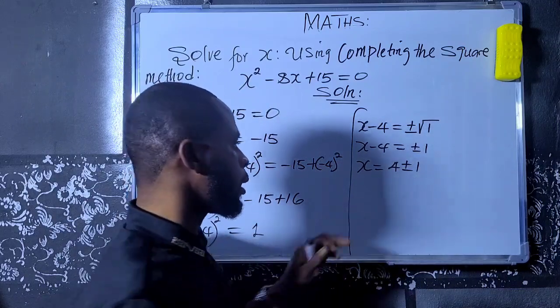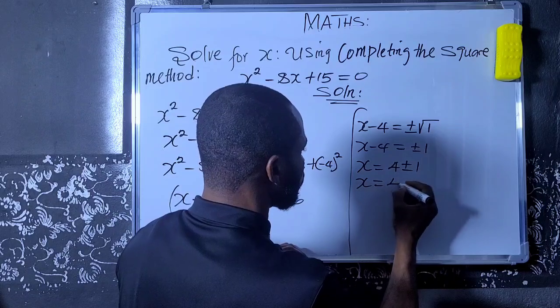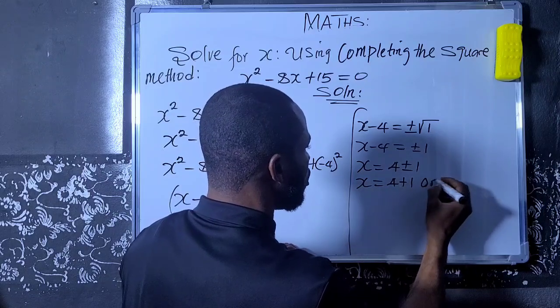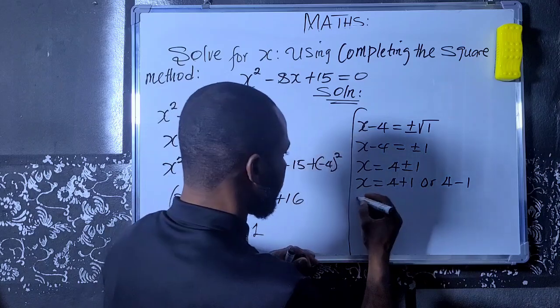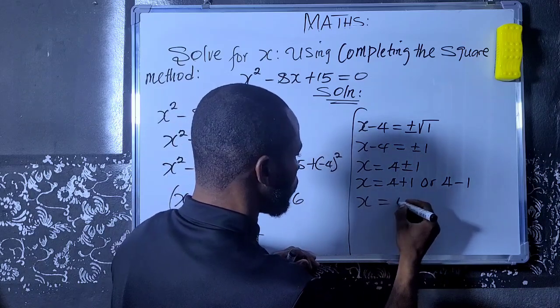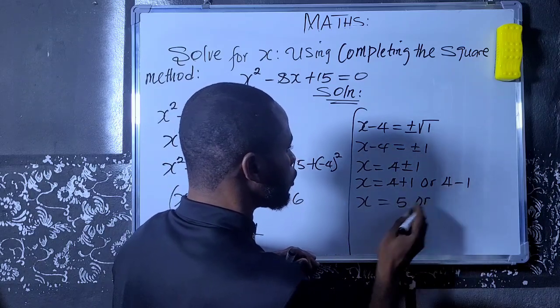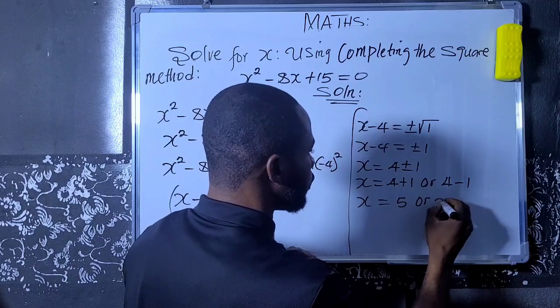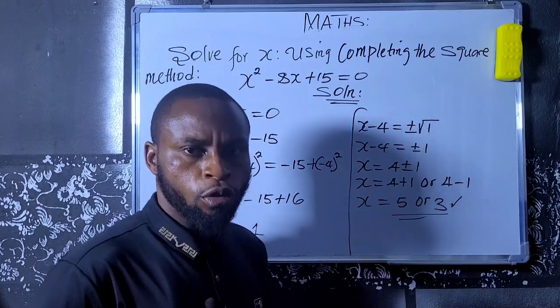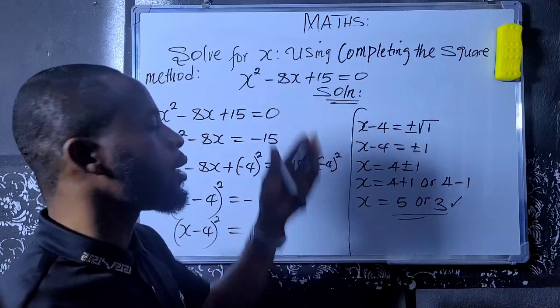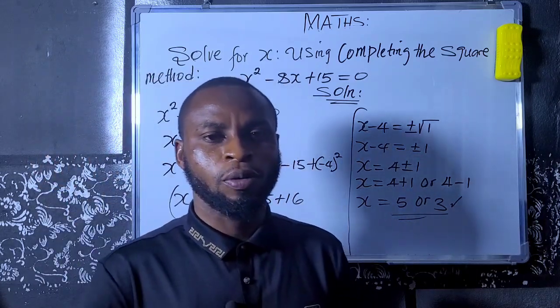This implies that x equals 4 plus 1 or x equals 4 minus 1. Therefore, x equals 5 or x equals 3. These are the two possible values of x that satisfy this given quadratic equation.